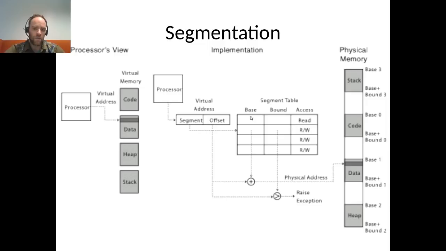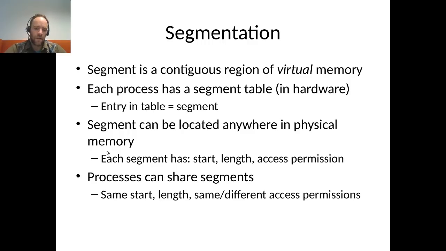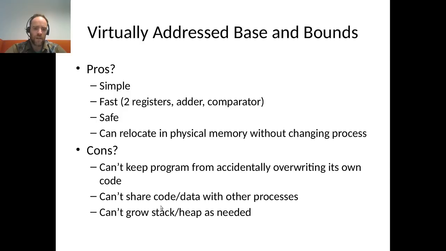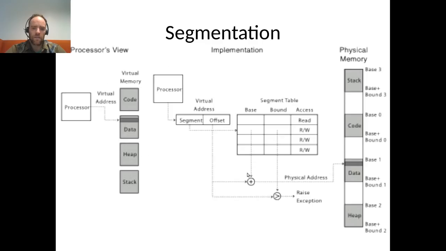And so, a typical segment table for this simple model would just be four entries. Then we could have other entries for sharing, where we want to share code, and so on. So then, yeah, we may have a few extra segments here if the process needs to share memory with another process.